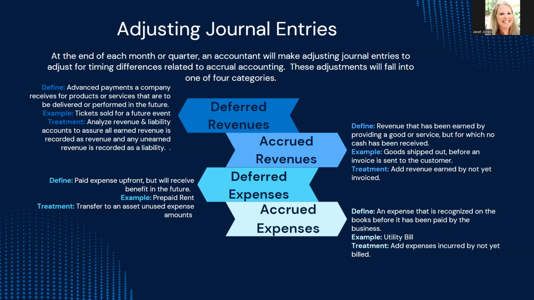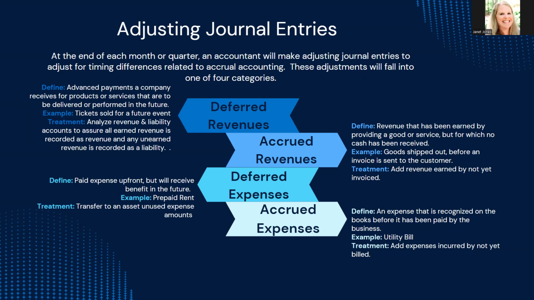Our example here is tickets sold for a future event. If you're Taylor Swift and you are selling out your tickets in 30 seconds, but you're not performing those shows for another 6 months, all that revenue that you've generated from those ticket sales would be sitting as a liability on your balance sheet until you've performed that show, and then it will be transferred over into your revenue accounts.